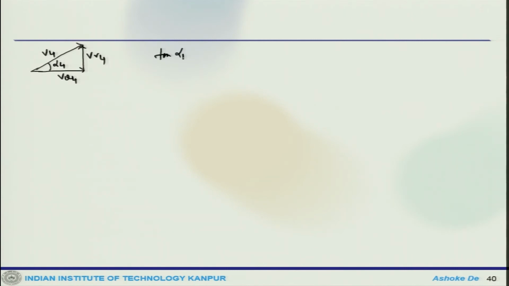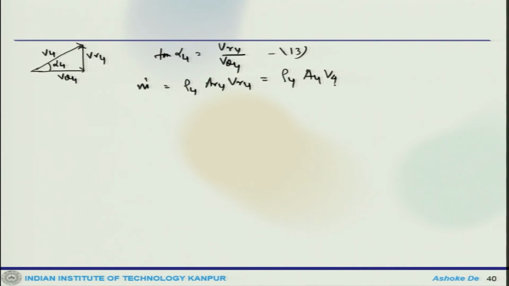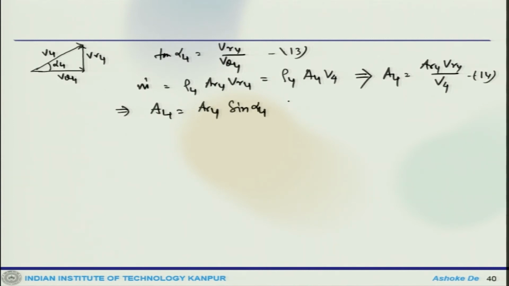So, my tan alpha 4 is V r4 by V theta 4, and my m dot is rho 4 A r4 V r4 equals rho 4 A4 V4, from where we get A4 is A r4 V r4 by V4, that is 14. Now, V r4 by V4 is sin alpha 4. So, we will write that A4 equals A r4 into sin alpha 4.